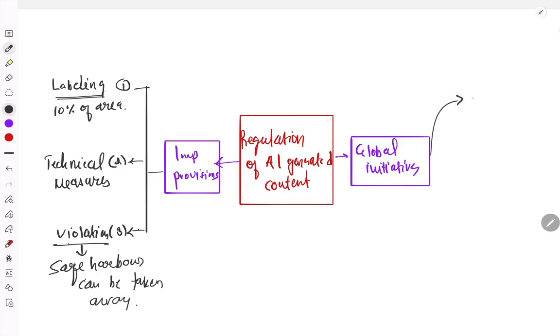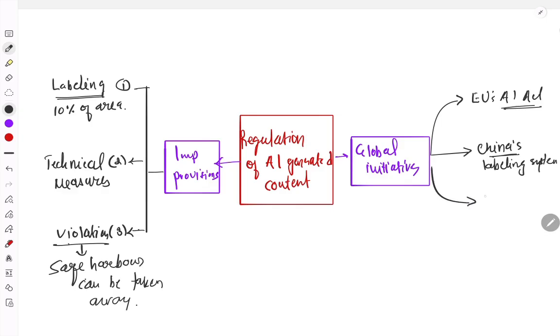The first is the EU, that is the European Union's AI Act. This is very significant to regulate AI related content. The second important is China's labeling system, where every AI generated content has to be labeled.